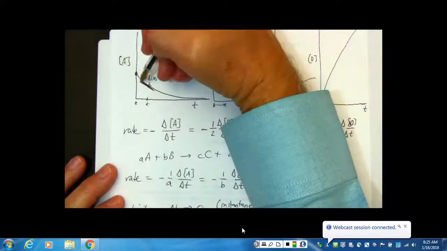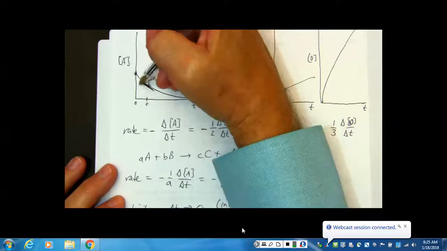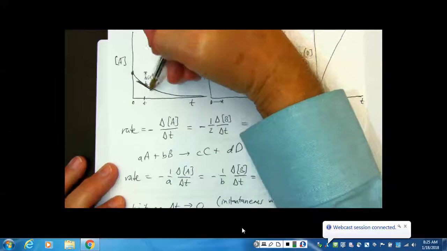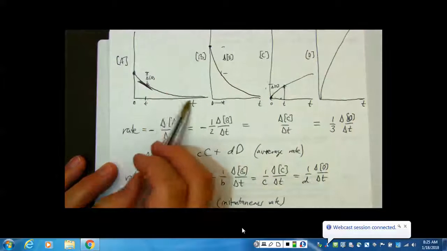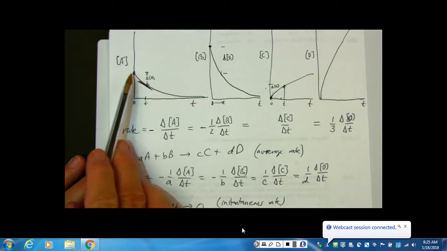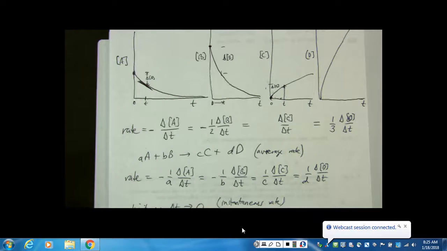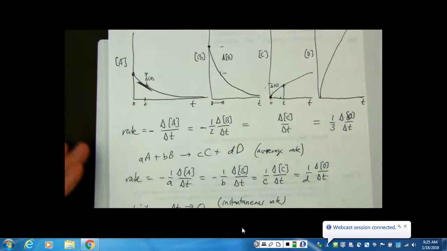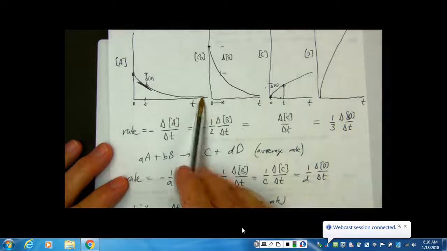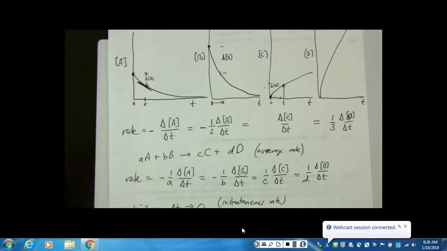It's the negative of the slope here. And then the negative slope there. By the time it gets over here, it's the negative slope there. Is this bigger than that? The negative of that slope? Yes, it is. In fact, when you get to the reaction when it's done, what's the slope way out at time infinity? 0. So the reaction is stopped.